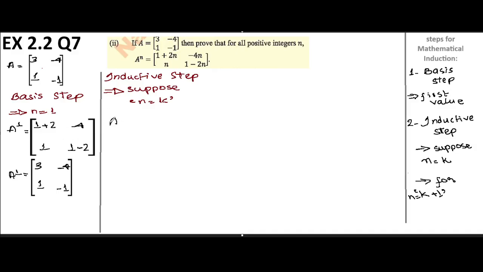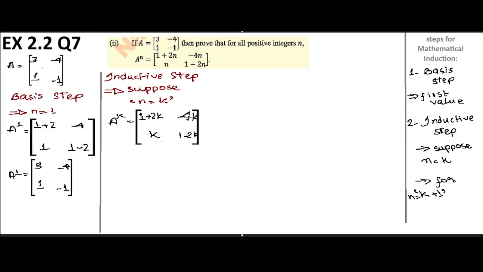So A raised to the power k equals, we just replace n with k: 1 plus 2k, then minus 4k, then this n also becomes k, and then 1 minus 2k. Now we cannot solve it further, so we are not going to write A raised to the power k over here.